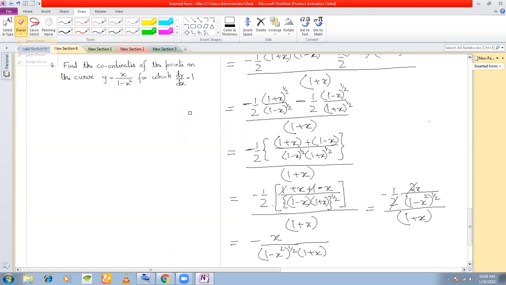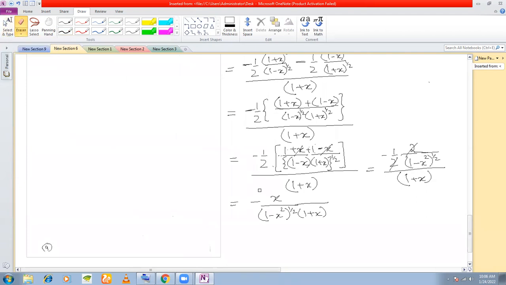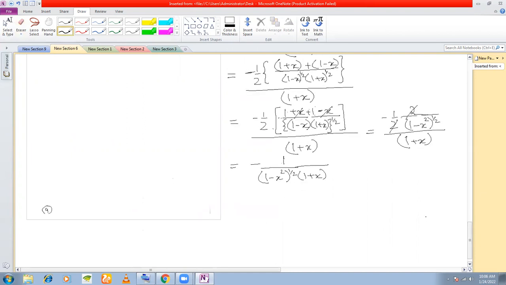So that x will cancel and not 1. 1 plus x plus 1 minus x, so that this x will cancel. So you have no x here. Only 2 will cancel, and so that here also you will have only 1. Okay, this is the value of dy dx that you are getting.